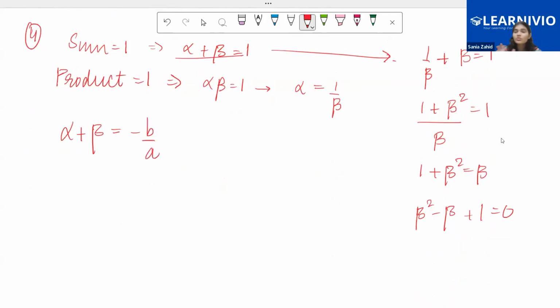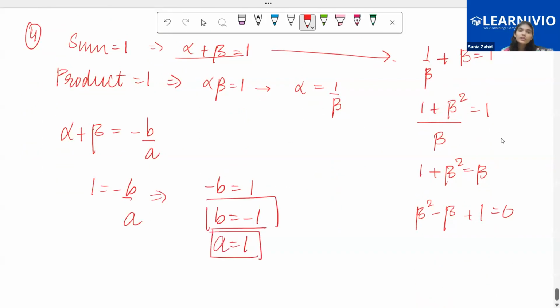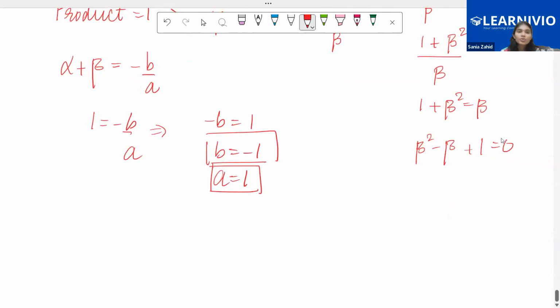Because the sum of the zeros, the formula was minus the coefficient of x by the coefficient of x square. Right? So 1 is equal to minus b by a. So you get minus b is 1 or b is -1 and a is 1, right? So this is the first thing that you get. Now we have alpha into beta is c by a.